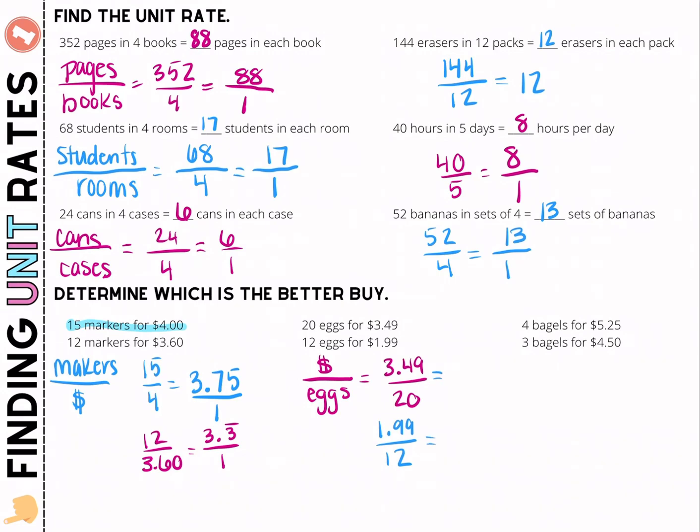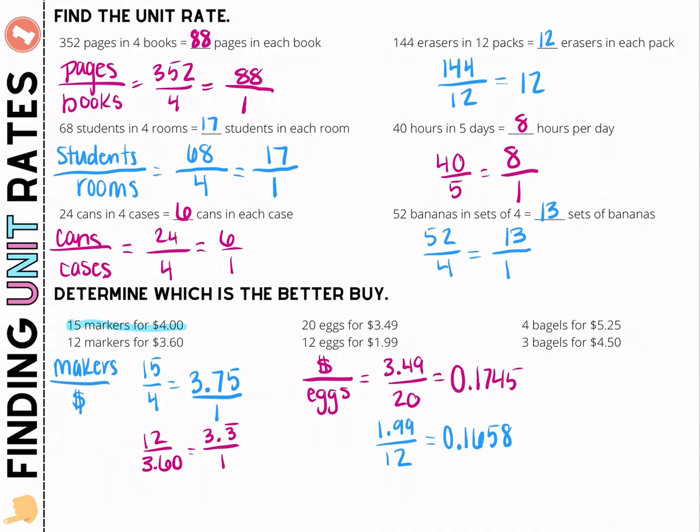So 3.49 divided by 20, and that, let me switch colors, equals 0.1745, and $1.99 divided by 12 is 0.1658. So which one's the better deal?